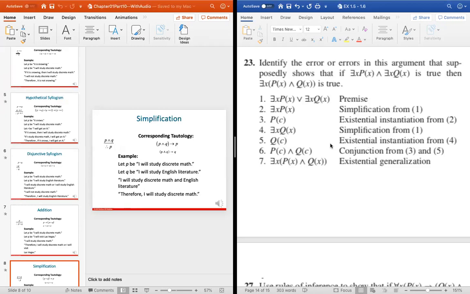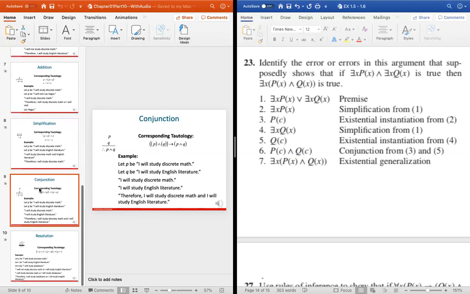Now on line number 5, they are picking c again using existential instantiation, which is okay, and then they are using the conjunction rule. The conjunction rule is when you have P and Q, then you get P and Q. So here they had 3 and 5, so they use the conjunction rule to get this, which is good as well.